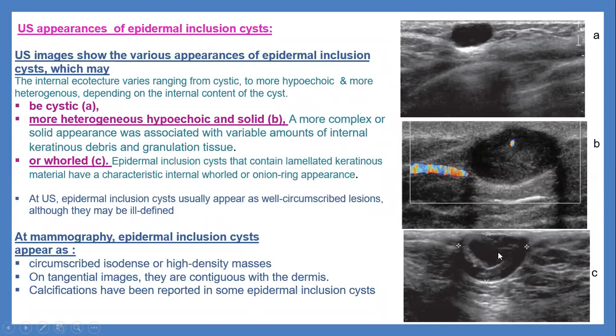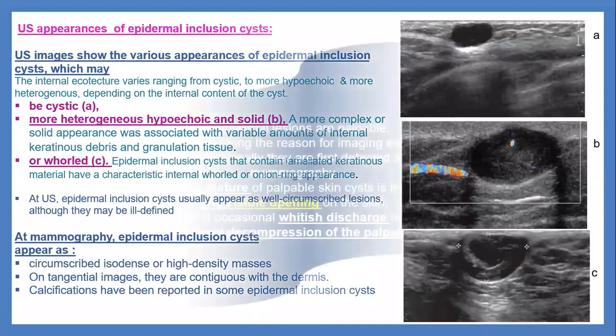This is due to lamellated keratinaceous material, giving this swirling. At mammography, circumscribed iso or high density material on tangential view, contiguous with the dermis, and calcifications have also been reported.